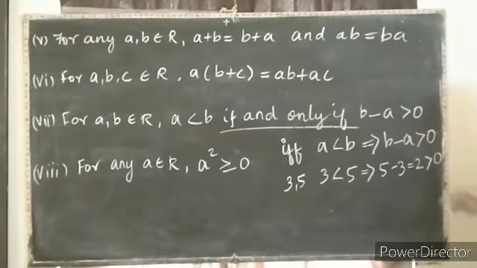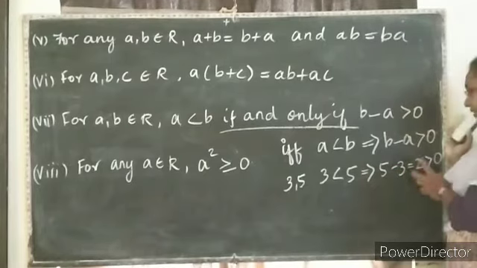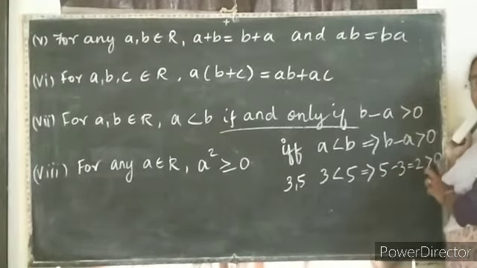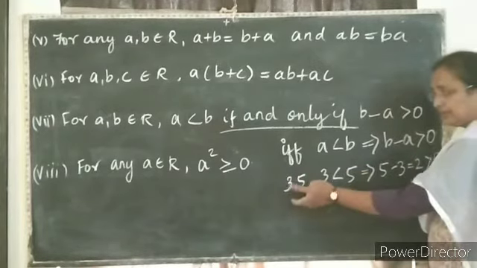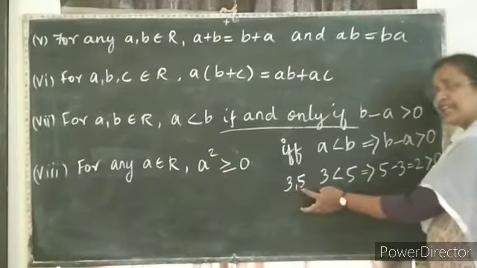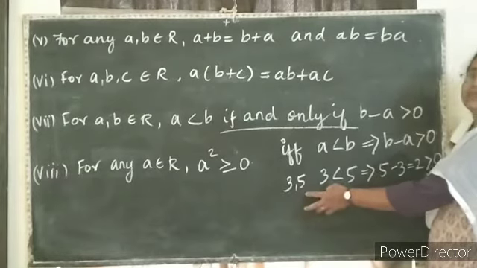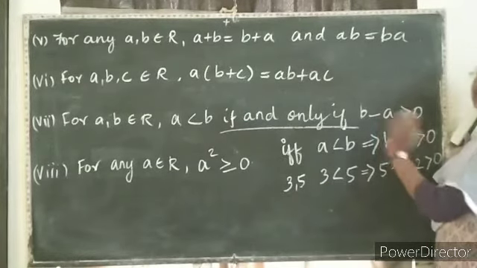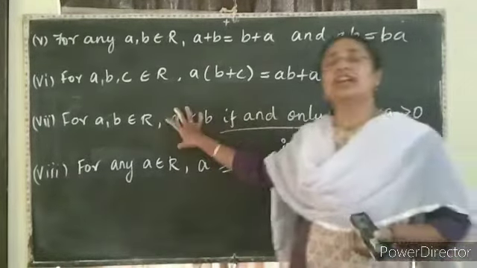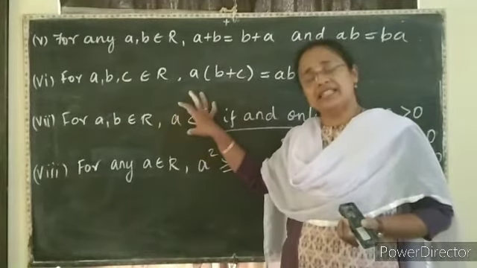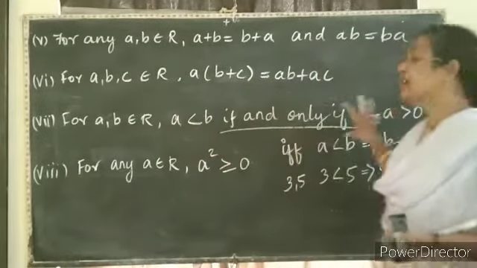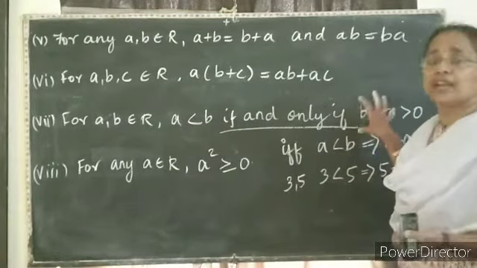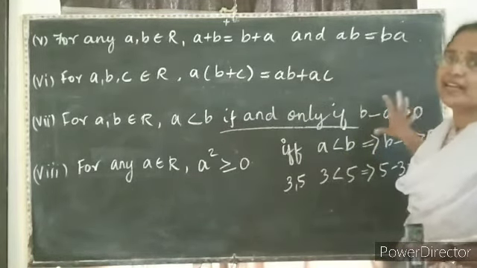Yes, 5 minus 3 is equal to 2, which is greater than 0. So if the answer of 5 minus 3 is greater than 0, then definitely the first number will be less than the second number. So simultaneously both are correct. If this is true, that 3 is less than 5, then automatically when you subtract 3 from 5, the number you get will be greater than 0.